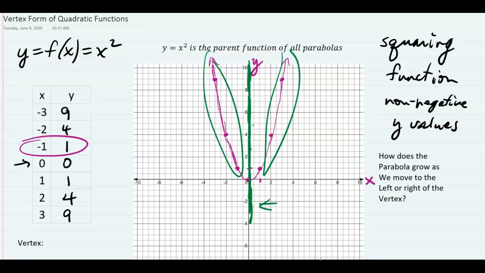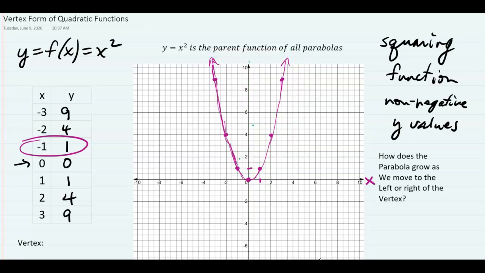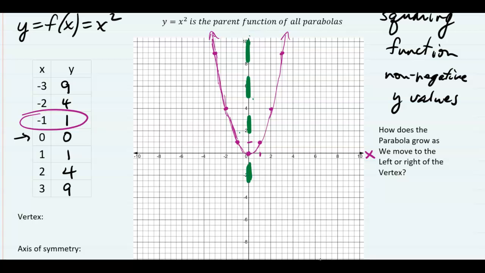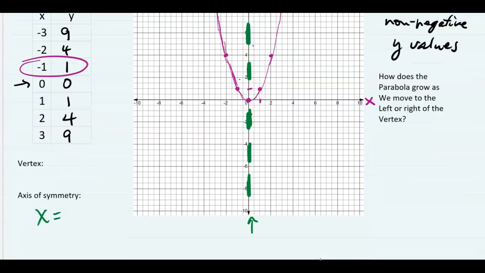So it's as if that green vertical line is a mirror, and if you look into the mirror this way from the right, you see the opposite. And this is symmetry. This axis of symmetry is a vertical line, and on this line, this is where x is 0.